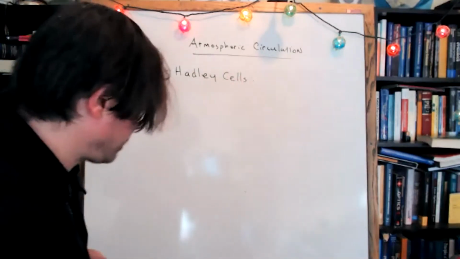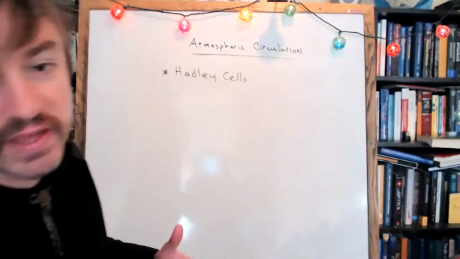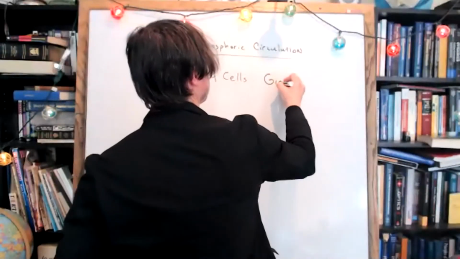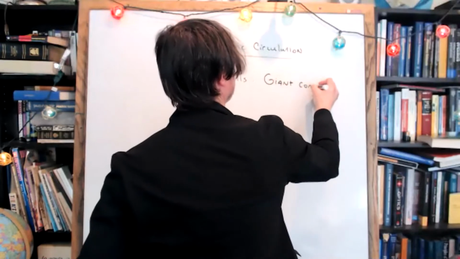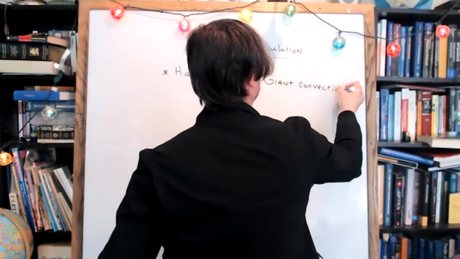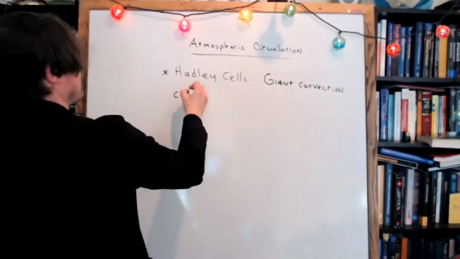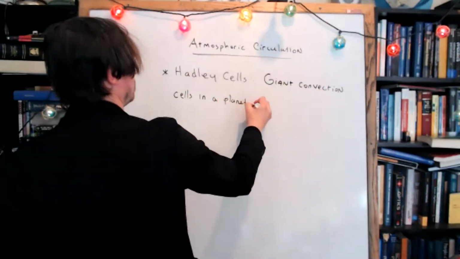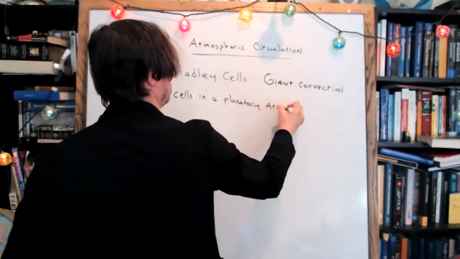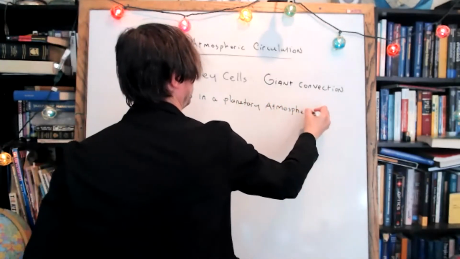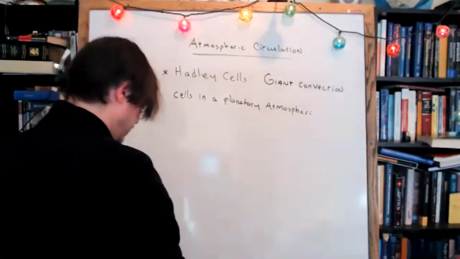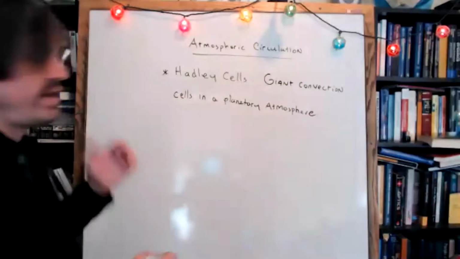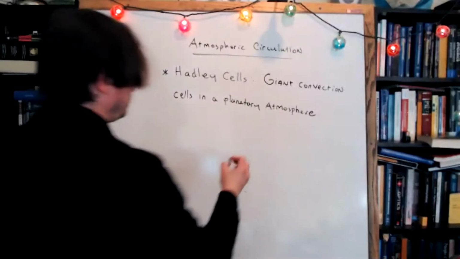And Hadley cells are giant convection cells that occur in a planetary atmosphere. We've talked about them before, but I haven't given you notes on them, so I wanted to fix that. In a planetary atmosphere. Okay, and we could even draw a sort of picture of them, right?